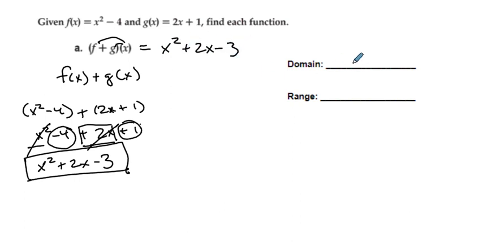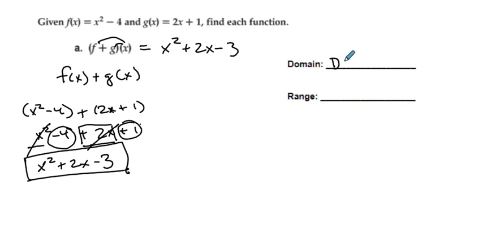Now for your domain, it's simply, are there any numbers that you can't put in this? If you think about it, you could put anything in here and you'll get something back. It's nice because everything works. The notation we're going to introduce you to for this is set notation, and I'm going to write it like this.